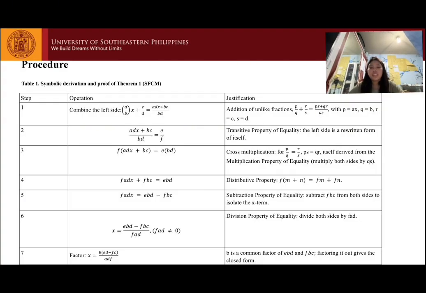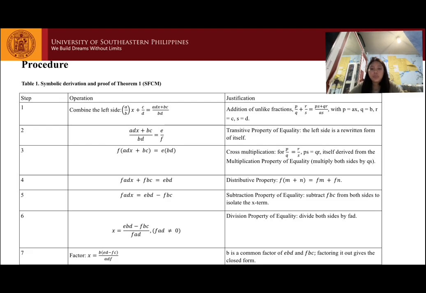Instead of immediately finding the LCD for the entire equation, we only combine the two fractions that are already on the same side. This is simply applying the formula for adding fractions with different denominators, creating one fraction that contains both terms.